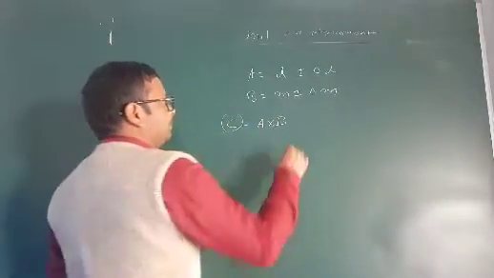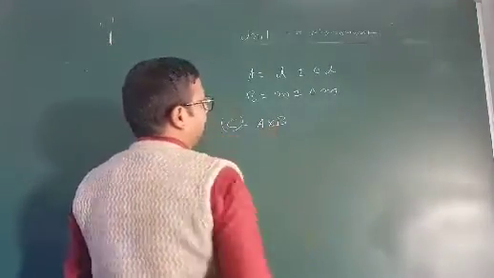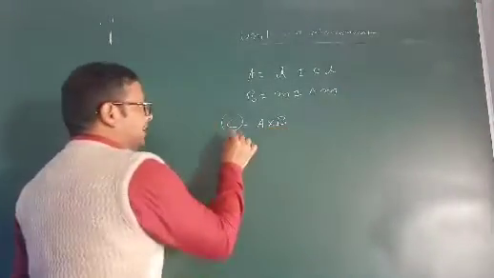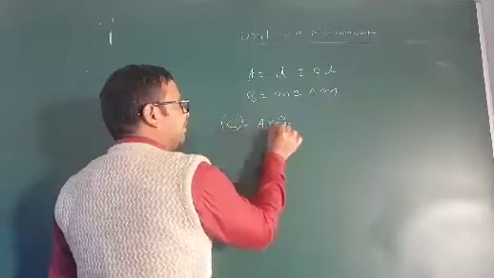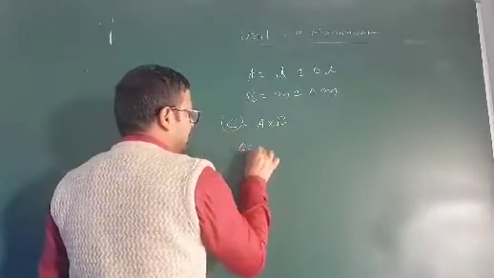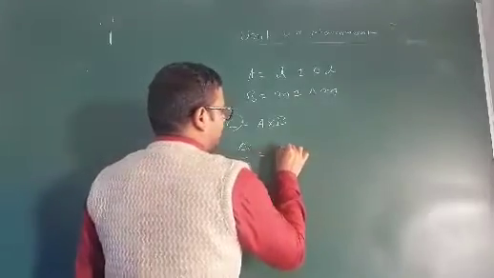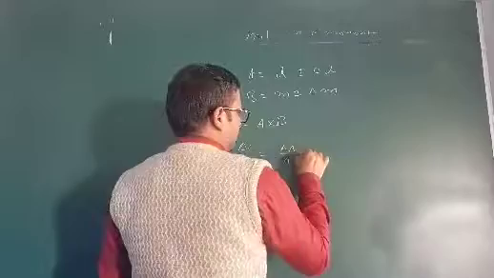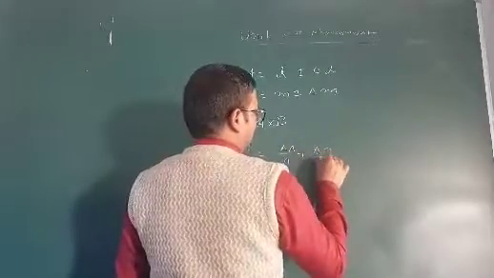There is a multiplication, so the relative errors add, that means delta C upon C equals delta A upon A plus delta B upon B.